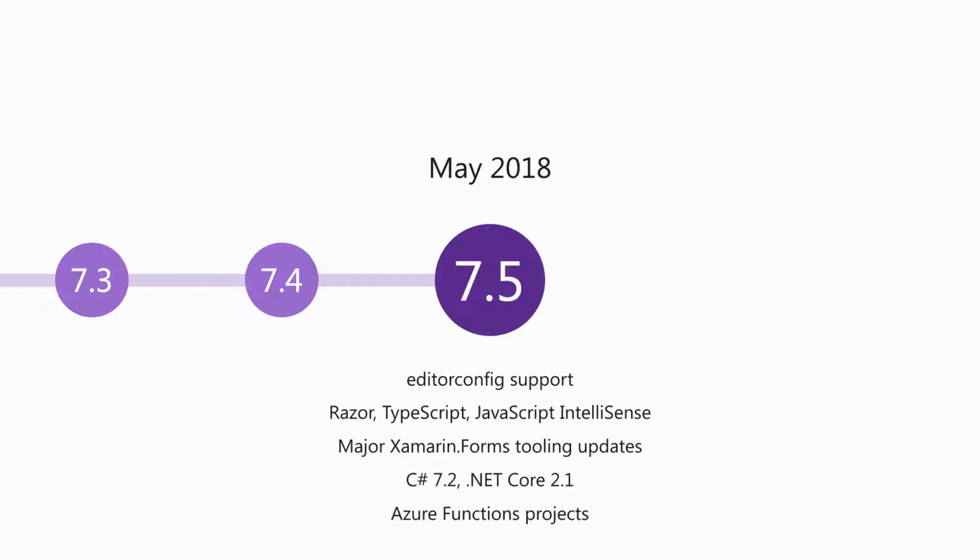7.5 in May of last year was a very big release in that we added editor config support, so you could share your settings about how things should be formatted and so on across your team and also across Mac and Windows, so your whole team could have consistent style settings. We also ported the Razor and TypeScript and JavaScript and those IntelliSense experiences from Windows, the exact same code.